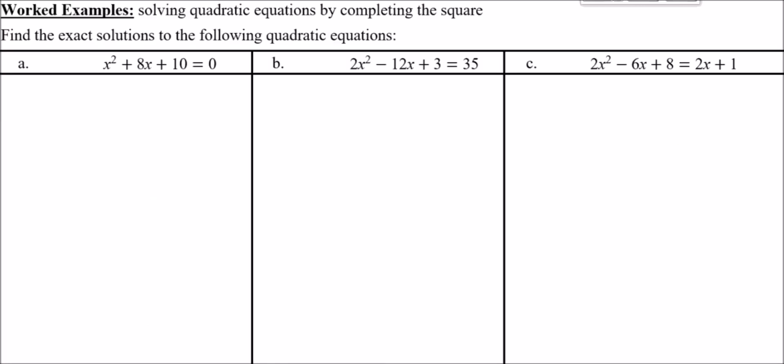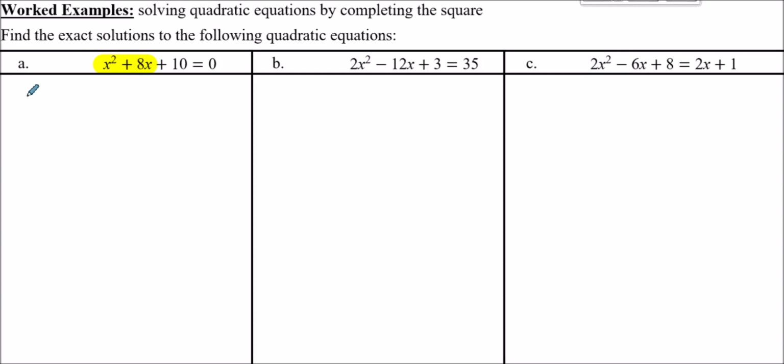So let's get straight into some worked examples to consolidate what we were doing last lesson in terms of completing the square. And so let's apply this now to completing the square in order to solve some quadratic equations. So, part A. What we need to do first of all is to complete the square on this bit of the equation.